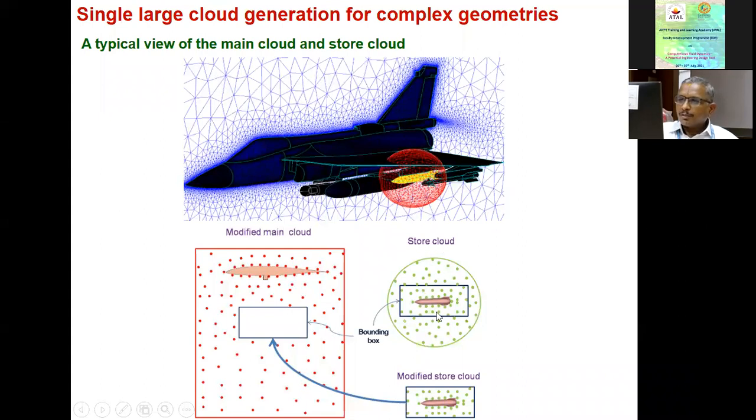This is a store cloud. I modify the store cloud as shown here, and fit that here. The way it is represented here is very simple-minded, but this is overall the process which is followed, with a lot of complex logic built into it. So that means I have a main cloud. I'll have a suitable process of trimming this cloud from individual grids and fitting that into the main cloud and merging it into one.